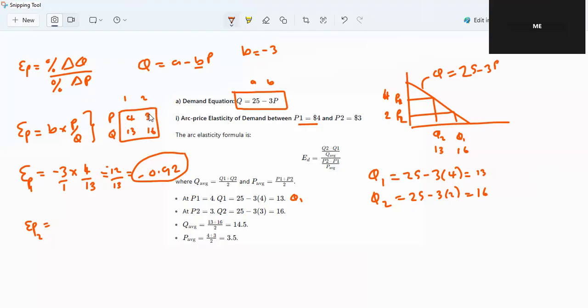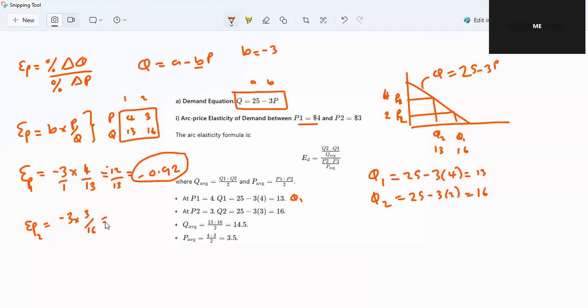The price is 3 and the quantity is 16. So the gradient is still the same throughout. It's -3 times the price, 3, over the quantity, 16. So this will be -9 over 16.